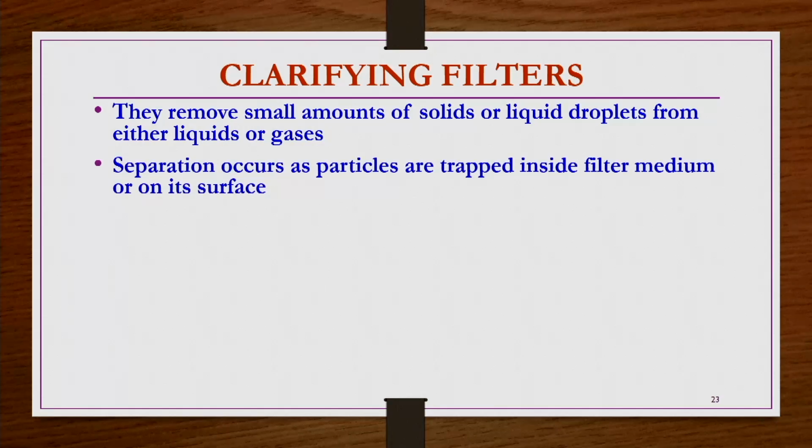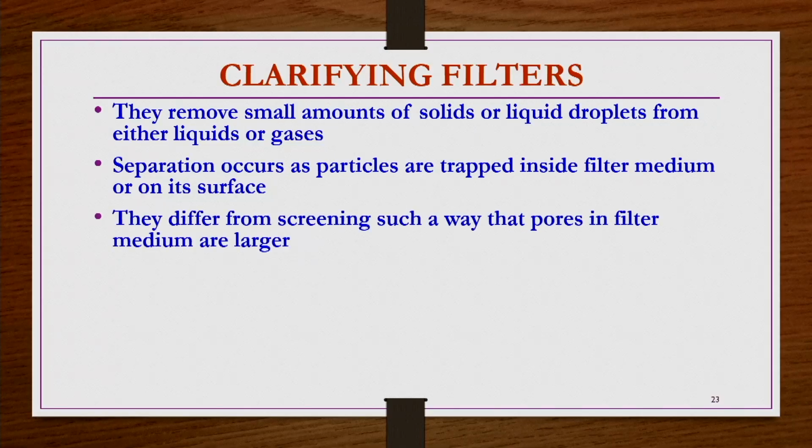Separation occurs as particles are trapped inside the filter medium or on its surface, and in general they differ from screening in that the pores in the filter medium are larger, as I already discussed in one of the previous slides. This filter medium is a kind of bed of cotton or glass fiber, etc.